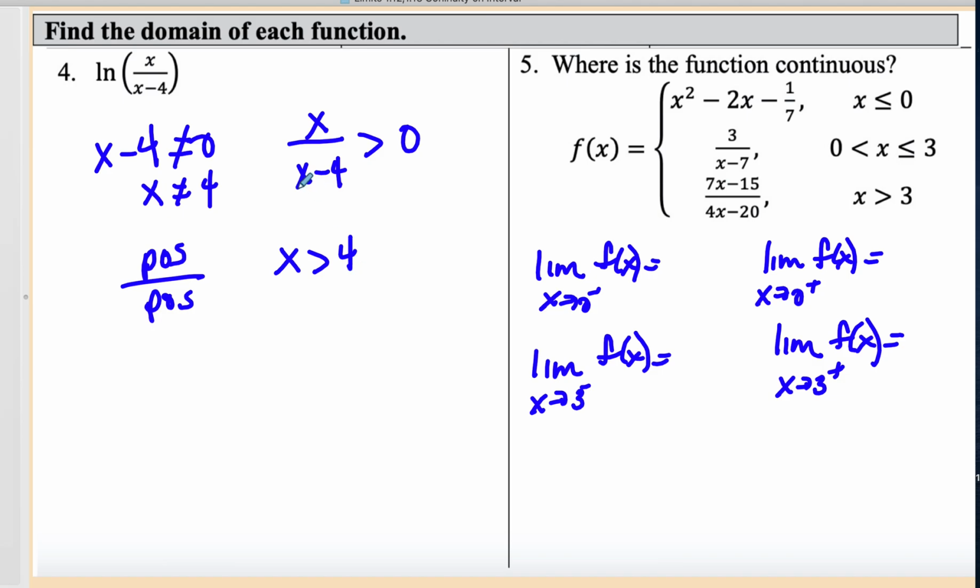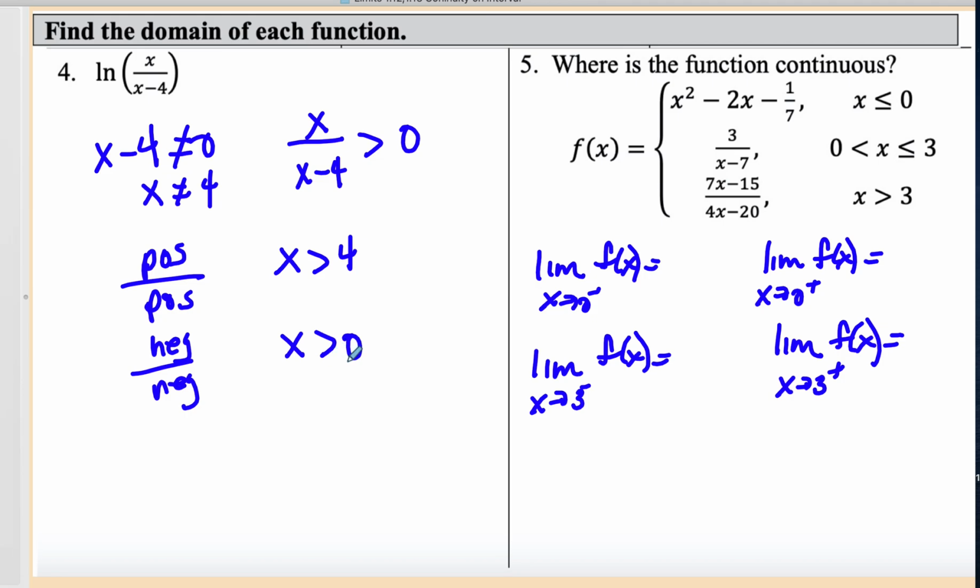As long as it's just a little greater than 4, that'll be a positive number, and of course anything greater than 4 is positive. The other scenario is negative over negative, and if we have a negative number in the numerator and a negative number in the denominator, this will be greater than 0, and that happens when x is greater than 0.